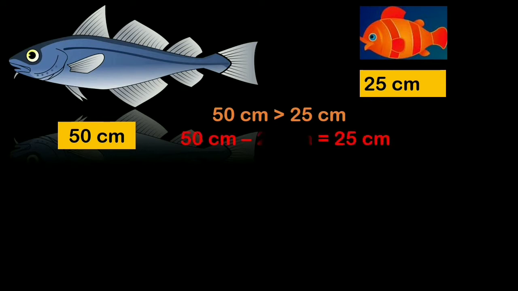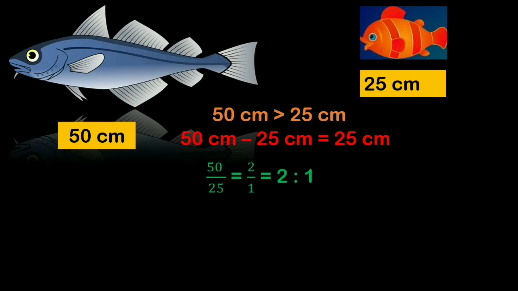We say that the large fish is longer by 50 cm minus 25 cm, that is 25 cm. Here we are comparing the length of these two fishes by subtraction. There is one more way in which we can compare the length of these two fishes, that is by division. Let's see how we will compare by division.